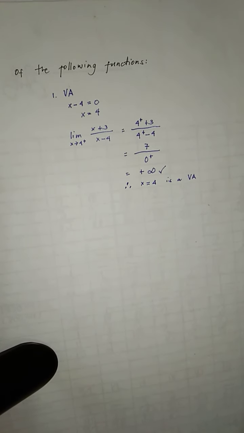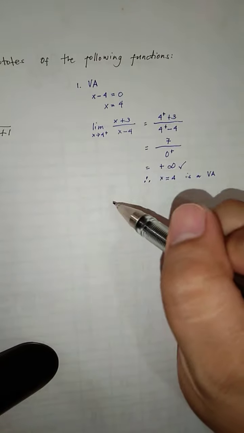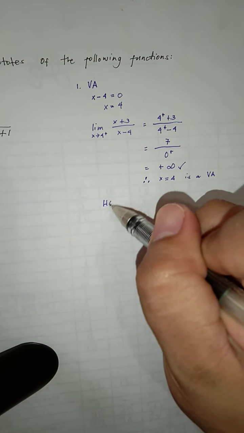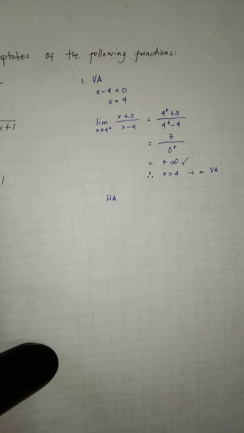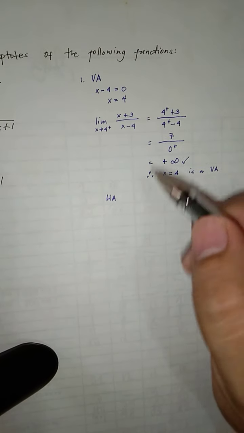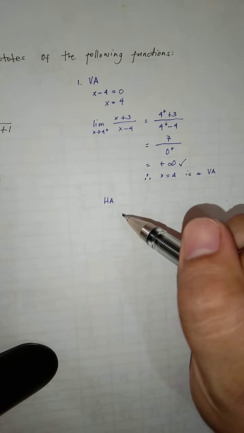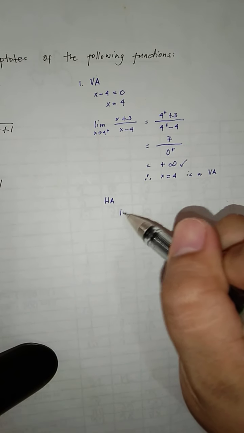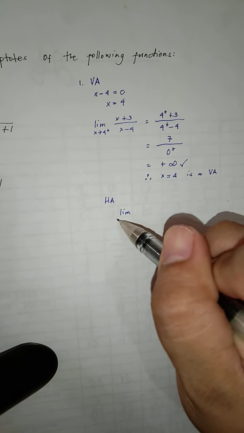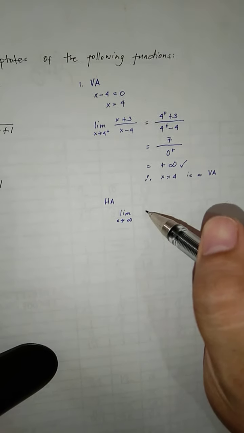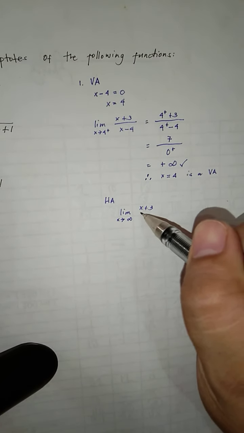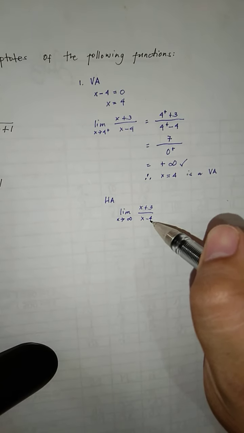Next, we will identify the horizontal asymptote. We do this by getting the limit as x approaches infinity of the function, on either side. So the limit as x approaches infinity of x plus 3 all over x minus 4.